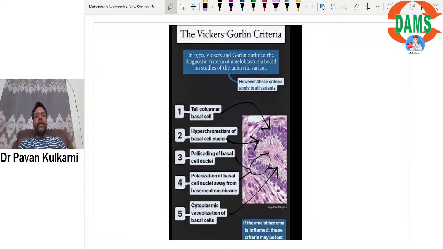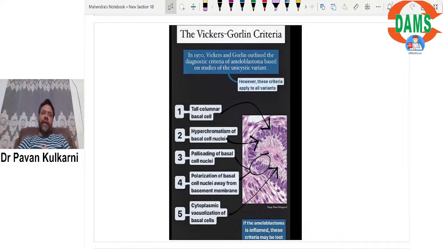Number one criteria. Number two is hyperchromatism, palisading and polarization. All three are common. You can include it in one only: the nuclei are palisading, meaning at the same level, the nuclei are hyperchromatic and they are away from the basement.